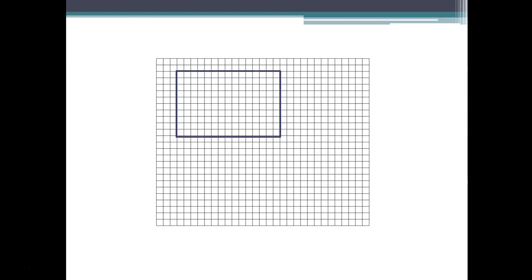All right, this rectangle, what do we got? We've got 1, 2, 3, 4, 5, 6, 7, 8, 9, 10, 11, 12, 13, 14, 15 squares in a row. And we've got 10 rows.